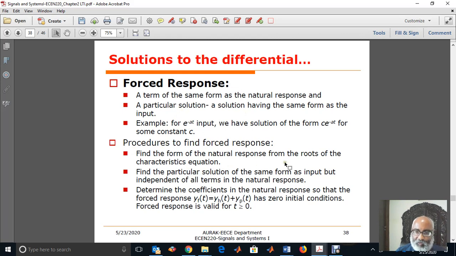Find the form of the natural response from the roots of the characteristic equation. Find the particular solution of the same form as the input but independent of all the terms in the natural response. Determine the coefficients in the natural response so that the forced response has 0 initial conditions.